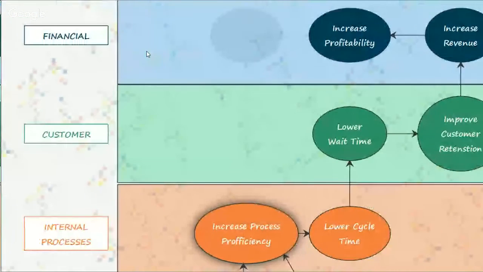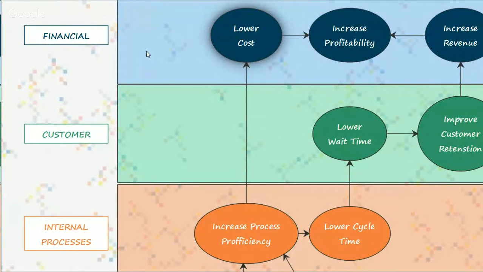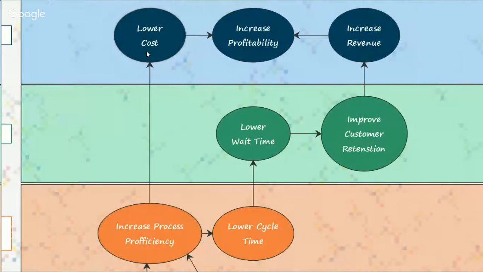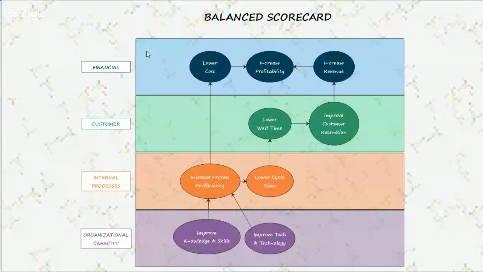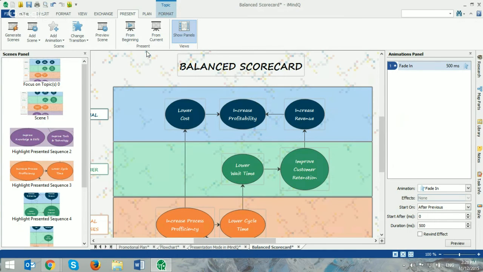So you go back to the other part of a sequence, and this is the end when everything finishes. And at the end, we have the show all elements to view the big picture of your balanced scorecard presentation. I'll use the Escape button to close this.